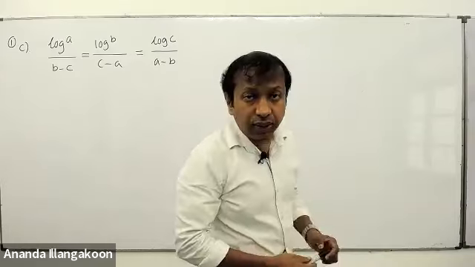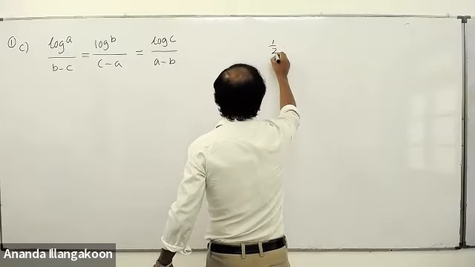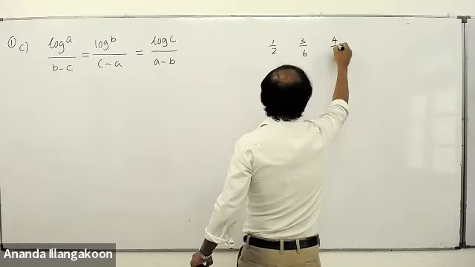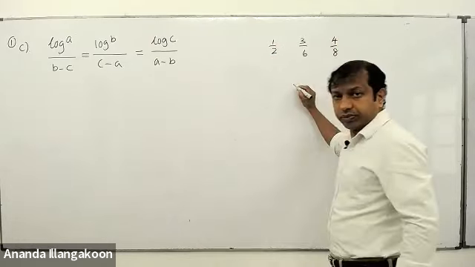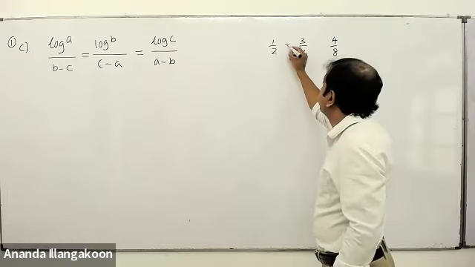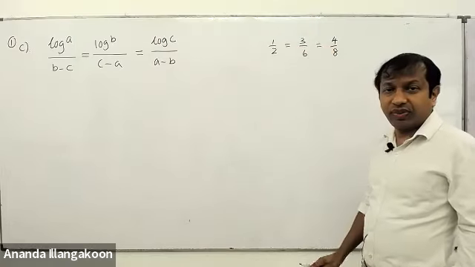Now I'll take these 3 fractions: 1 by 2, 3 by 6, 4 by 8. You can see these 3 fractions are equal. Do you agree with me?